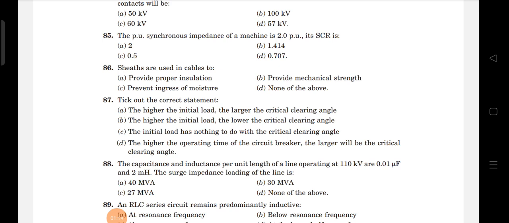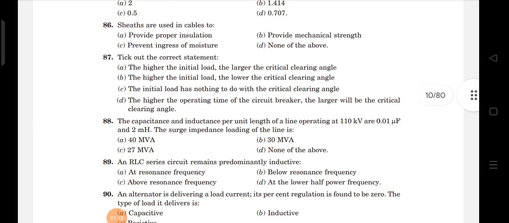The surge impedance loading of the transmission line is, first option 40 MVA, second option 30 MVA, third option 27, fourth option none. We already know the surge impedance loading formula is V square by ZC. Substitute all the given values and you will get the surge impedance loading.